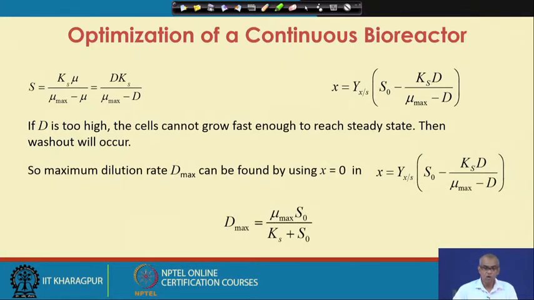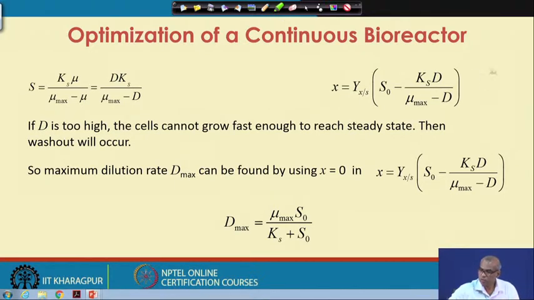So, how high is very high? The maximum dilution rate can be found by putting x equal to 0 in this equation, because I now have an expression for x and I know that x equal to 0 in washout condition.